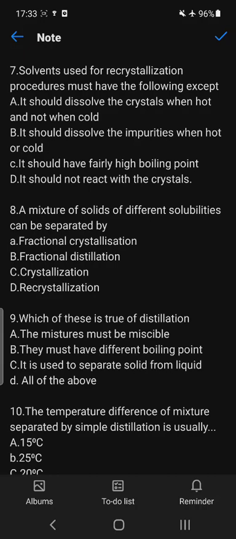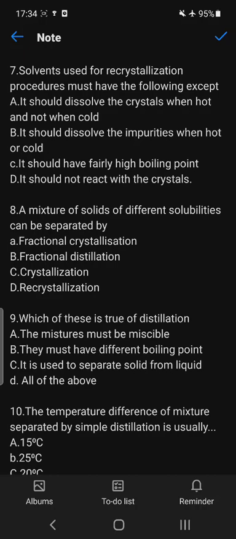The answer is C. The solvent used for recrystallization procedure should have fairly low boiling point and not high boiling point. Number 8, a mixture of solids of different solubilities can be separated by fractional crystallization. So a mixture of solids having different solubilities can be separated or isolated using fractional crystallization.